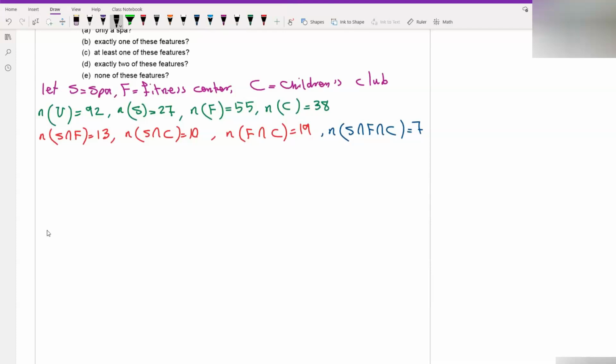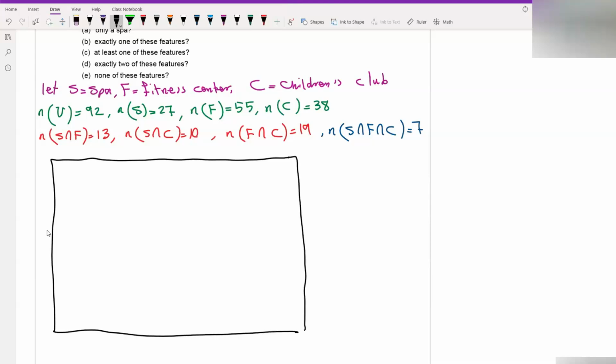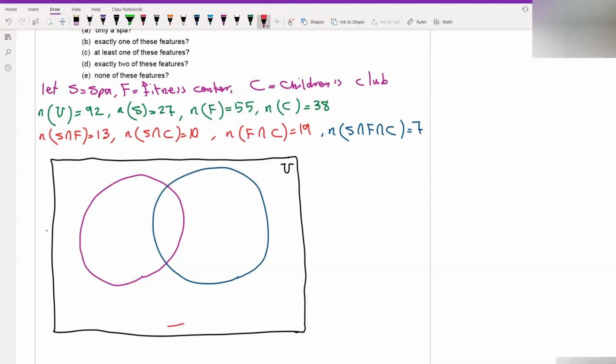So first, I'm going to draw a Venn diagram. Okay, so we have 3 sets.